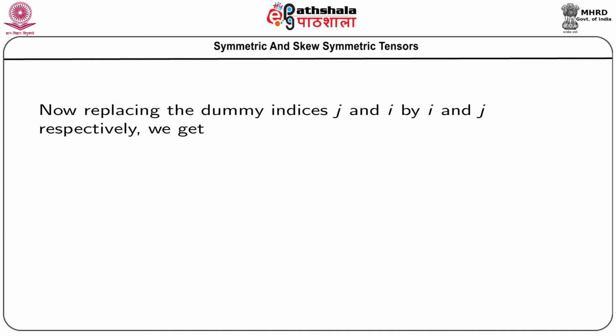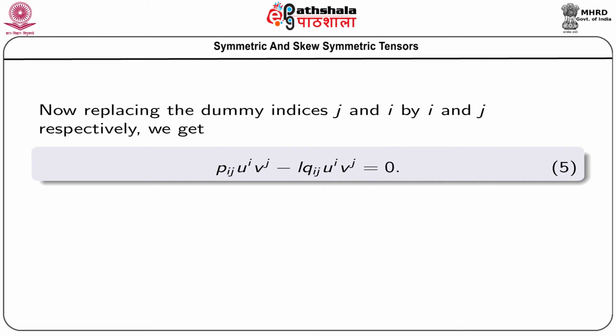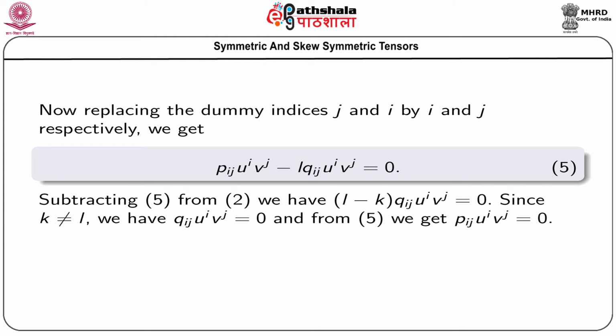Now, replacing the dummy indices j and i by i and j respectively, we get p_ij u^i v^j minus l q_ij u^i v^j equal to 0. So, subtracting 5 from 2, we have (l minus k) q_ij u^i v^j equals 0.